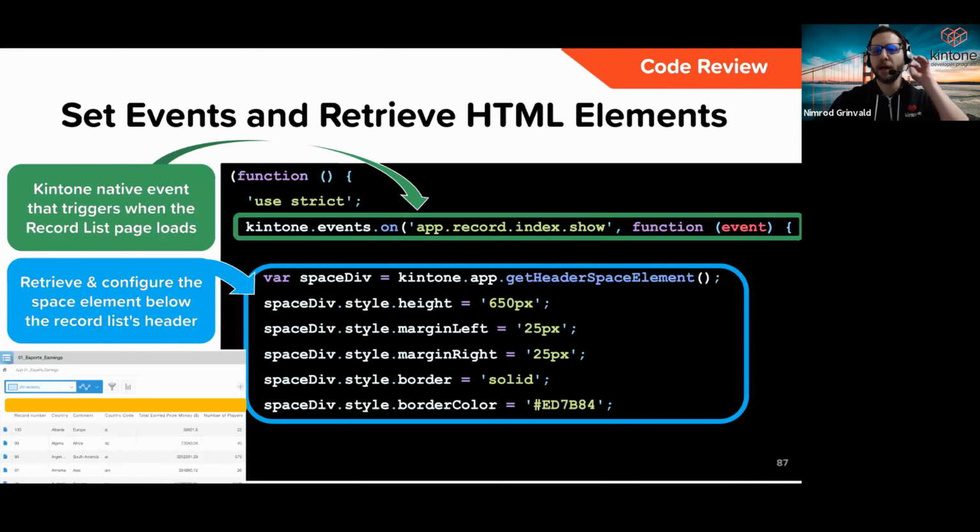There's web events that do that, and Kintone has another layer of events built on top of those browser events. We call those Kintone events, shockingly. Kintone events trigger on certain things happening. Like we are looking at a record list page. We are editing a record. We are saving a record. We are in a record details page.